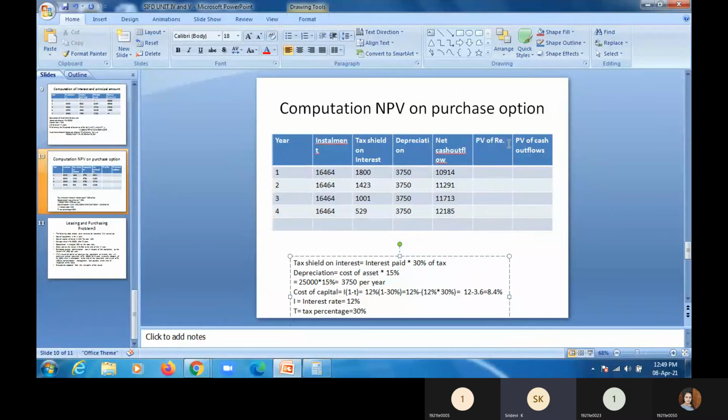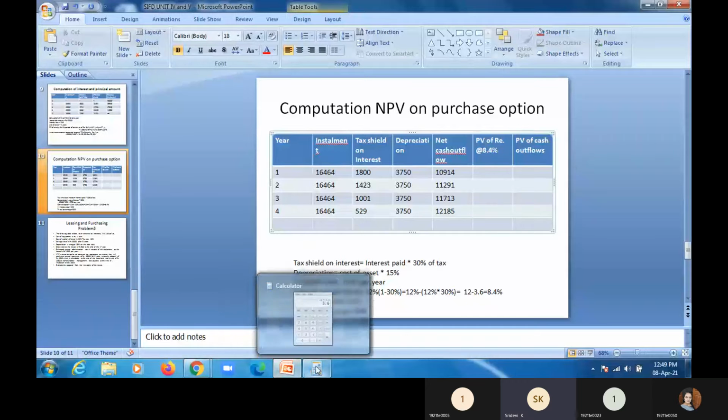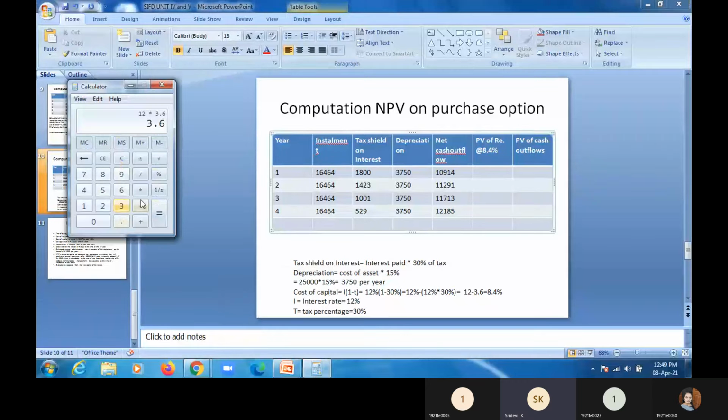That means present value of rupee at 8.4, the discount factor you are going to calculate. So now calculate the rupee values first of all.